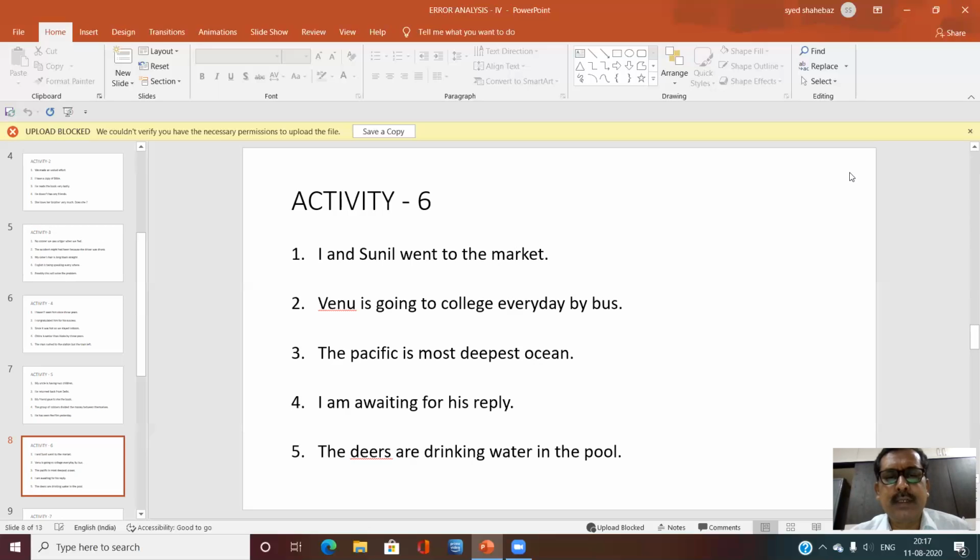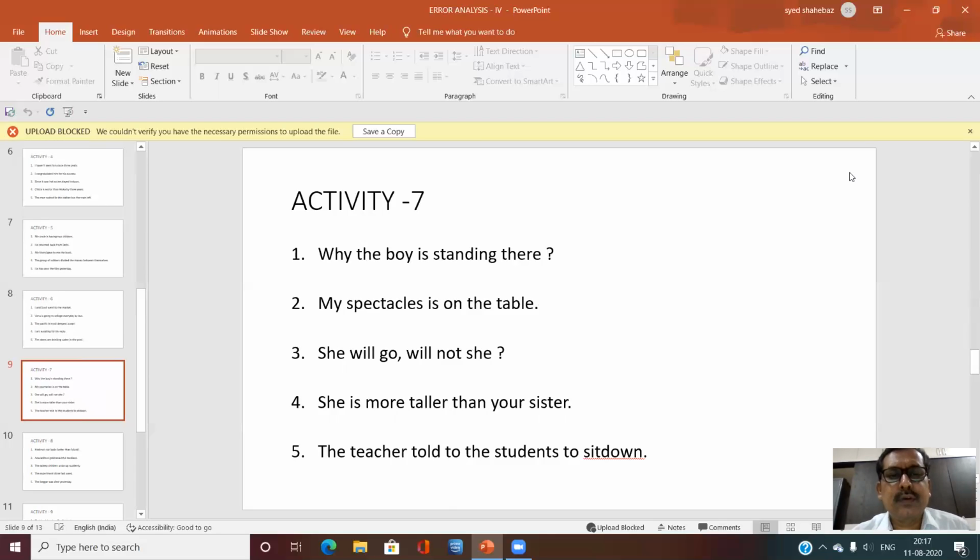The Pacific is the deepest ocean. I am waiting for his reply. Or I am awaiting his reply. The deer are drinking water in the pool. Why is the boy standing there? My spectacles are on the table.